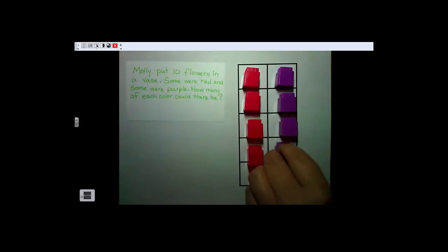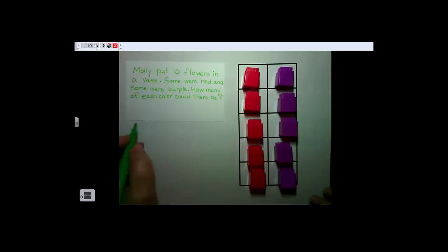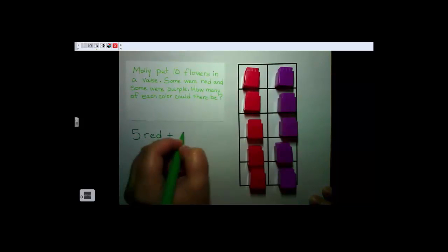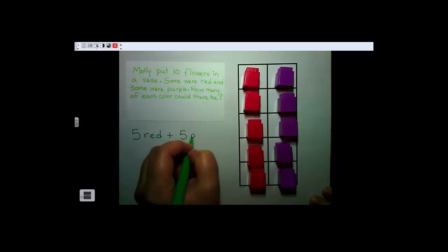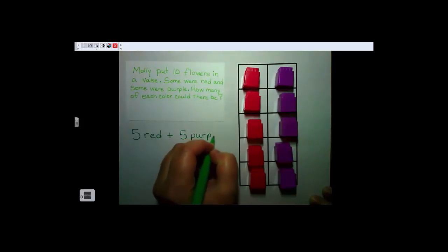So they might just fill that 10 frame up with some red and some purple. Here we see that there are 5 red and 5 purple. That could be one possible combination of 10.